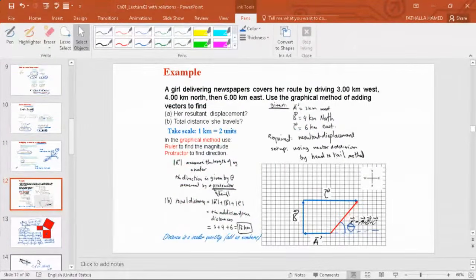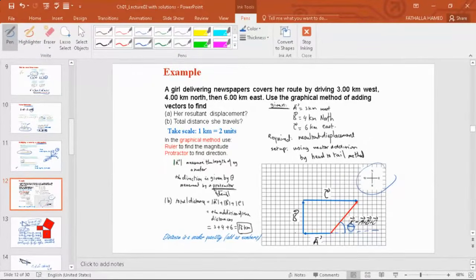Now, when it comes to adding vectors, how can we add these vectors? Well, let's take an example here. A girl delivering newspapers covers her route by driving 3 kilometers west. And this is basically your direction here. This is east, west, north, and south.